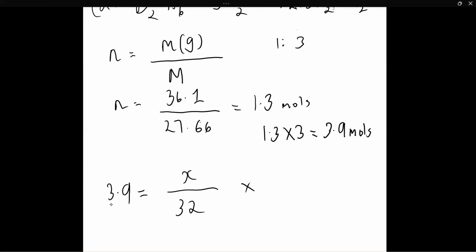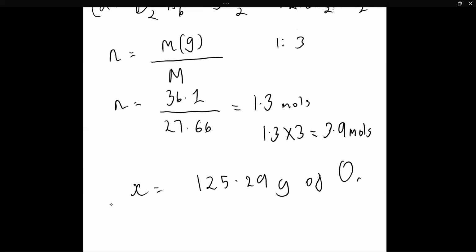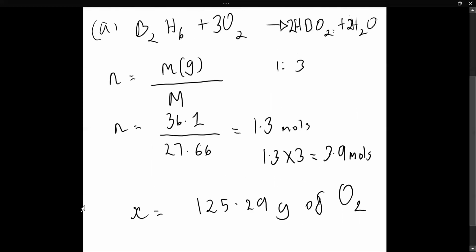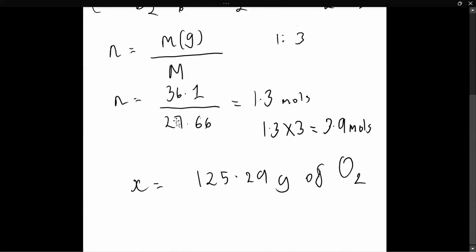We just rearrange, multiply both sides by 32, this cancels out, multiply this by 32. And X, or mass in grams of oxygen, is equal to approximately 125.29 grams of O2. That is our answer for part A.